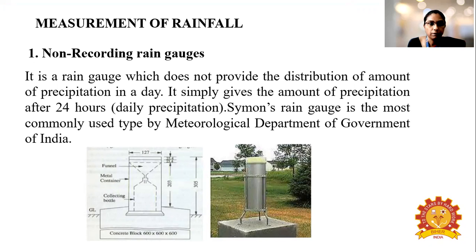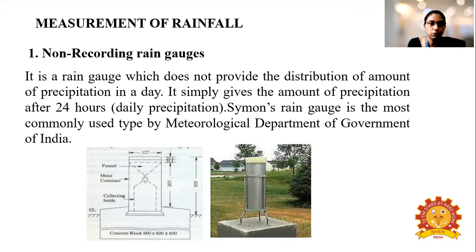So the first type, non-recording rain gauges. This type of rain gauge provides the amount of precipitation or rainfall in a day. That is, it simply gives the detail about the amount of precipitation in 24 hours, that is a daily precipitation.